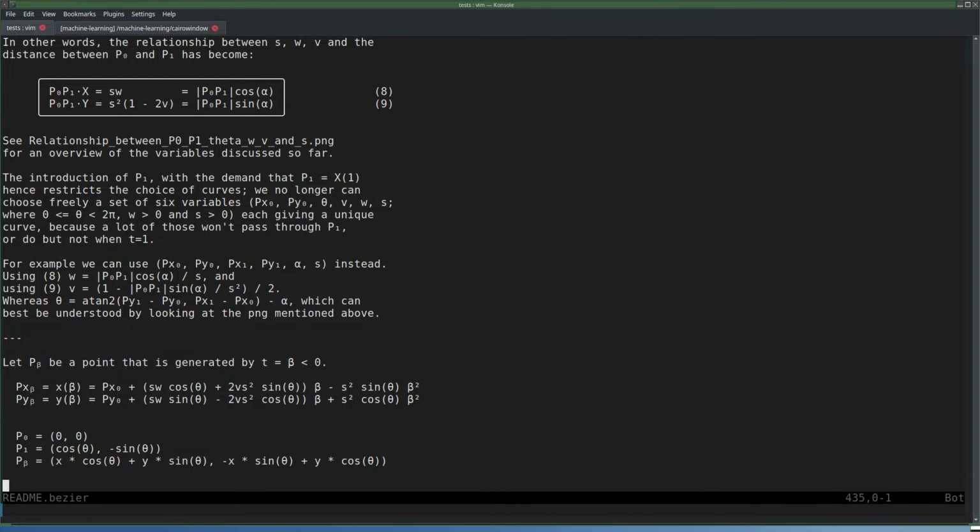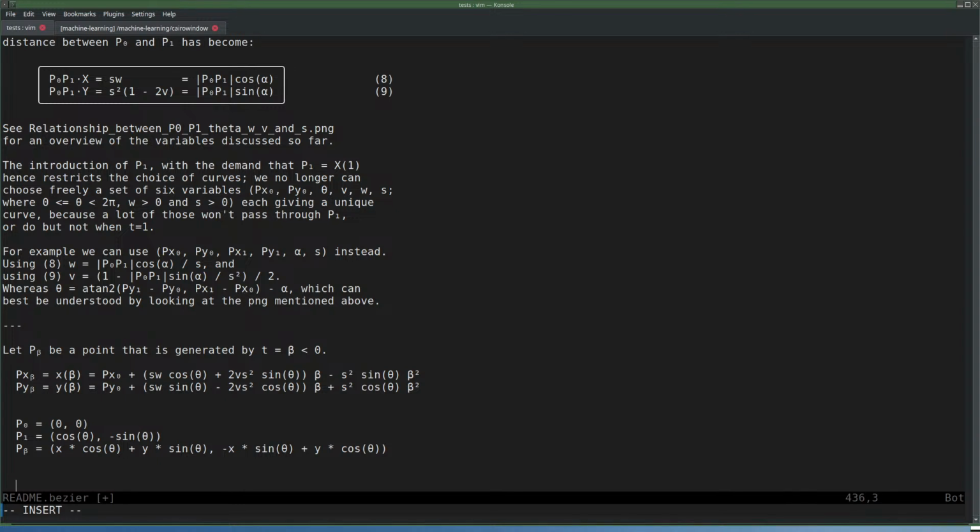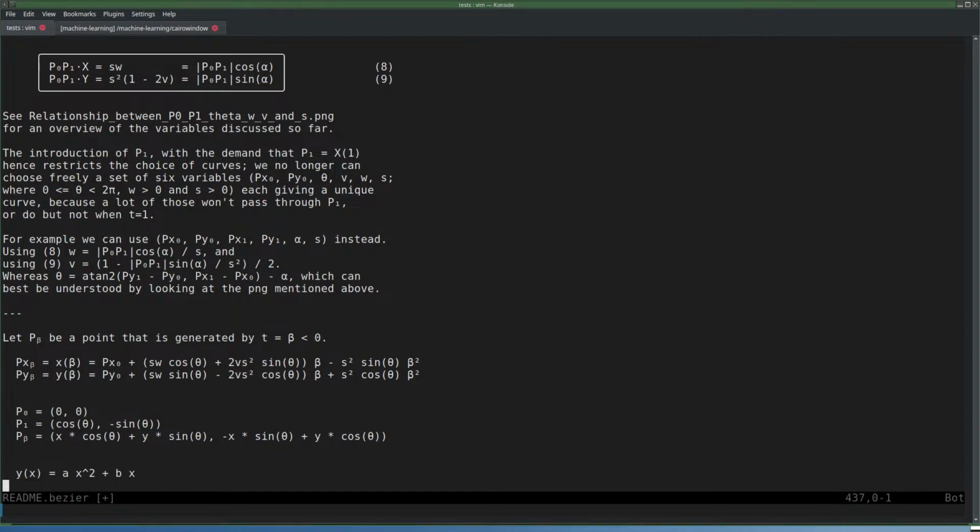Right, and then the question is, of course, how do we find the parabola? And this time the parabola is just upright, so my god, it's a normal parabola. Like ax squared plus bx plus c, and even better, there is no c, because it goes through the origin.